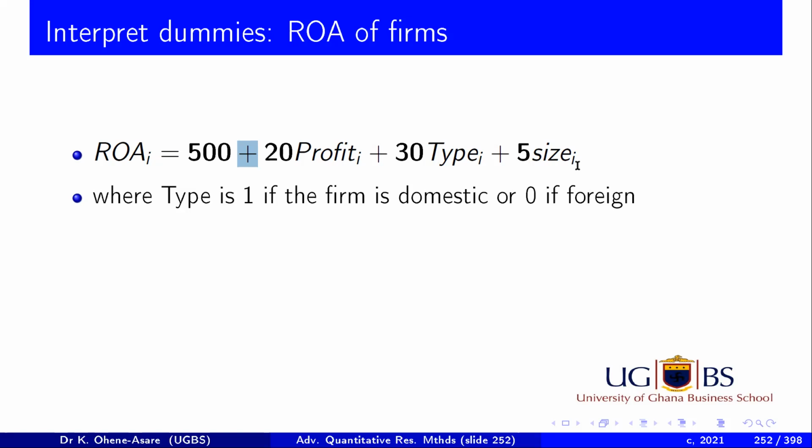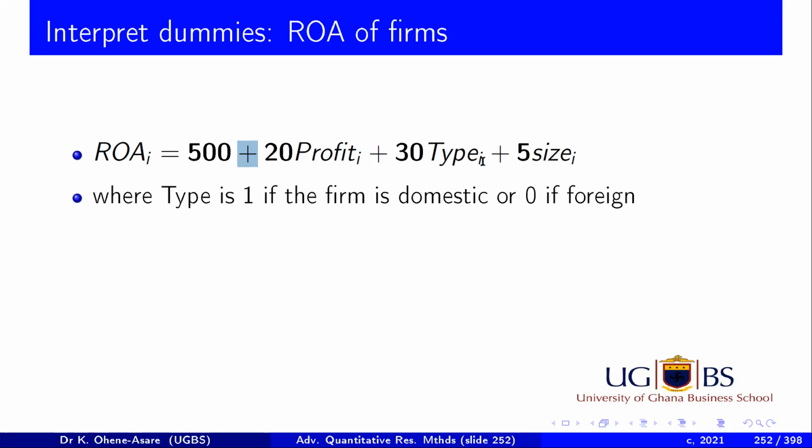So you say that a 1 unit increase in the size of the firm increases return on asset, the dependent variable, by 5 units. Later on, we'll come to the real interpretation when the logarithms have been taken. When you have log. But for now, we keep it as unit.